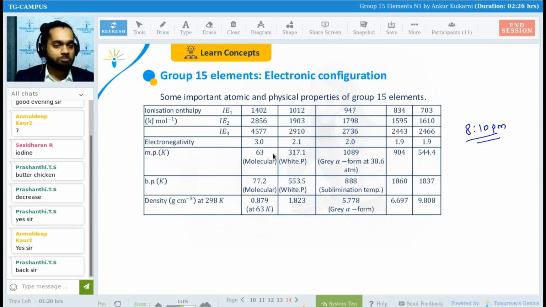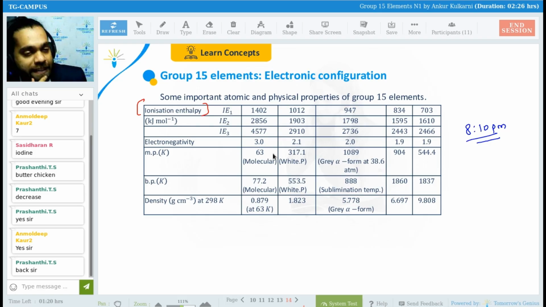Okay, now what we have? Ionization enthalpy. Yes, everyone, ionization enthalpy. Now, what do you mean by ionization, everyone? Ionization, we have heard about it, isn't it? What is ionization?